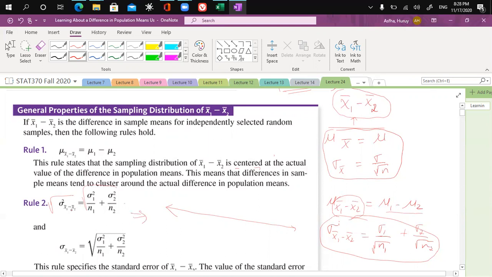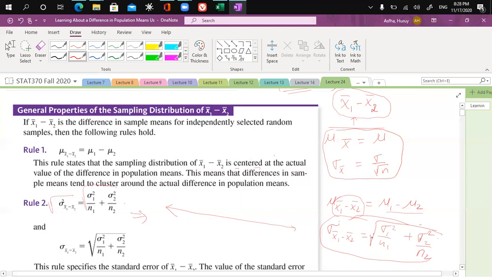on the left side you will have sigma of x bar 1 minus x bar 2. Sorry, here I made a mistake. This has to be the square root over the whole of sigma 1 square over n1 plus sigma 2 square over n2, because there is a summation and I was not supposed to take it out.